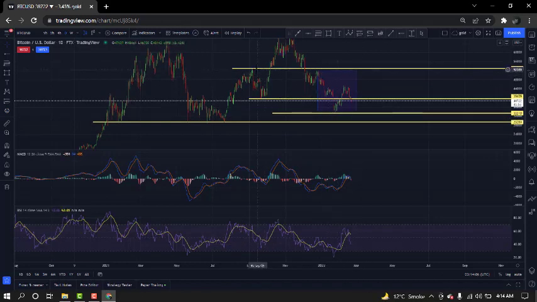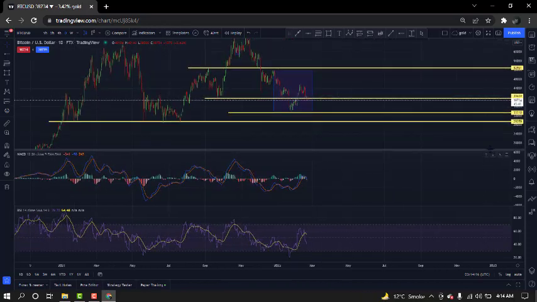Now we have to worry about this and this level, because these are the 3 resistance levels. So the market is going in a range, and we will see if it makes any specific and clear trend. We will talk about that later. So this is RSI and MACD.